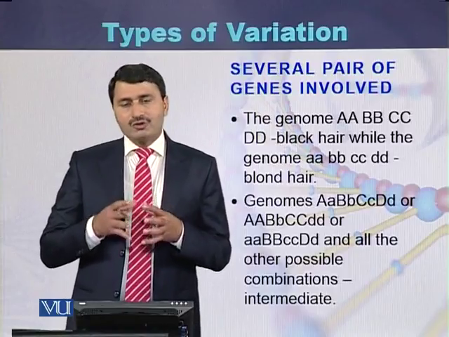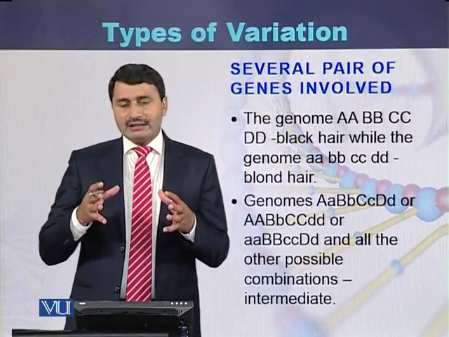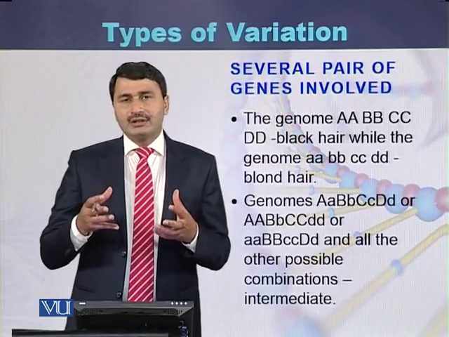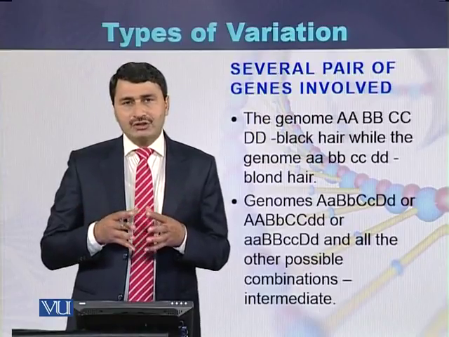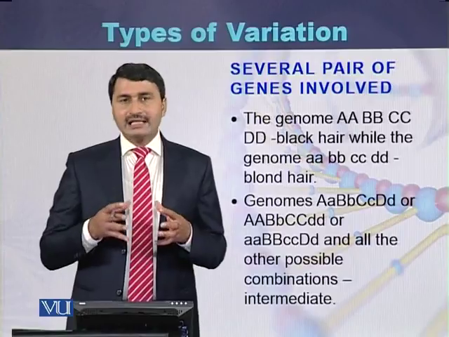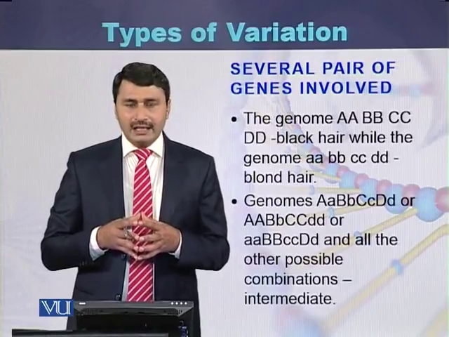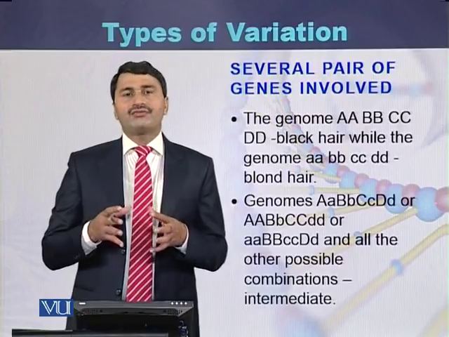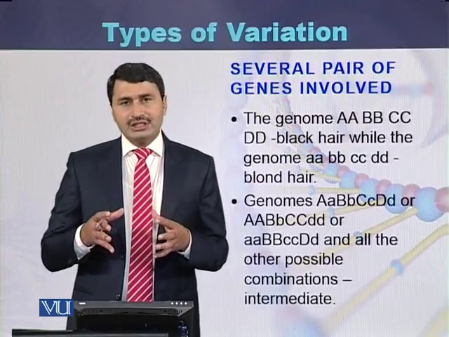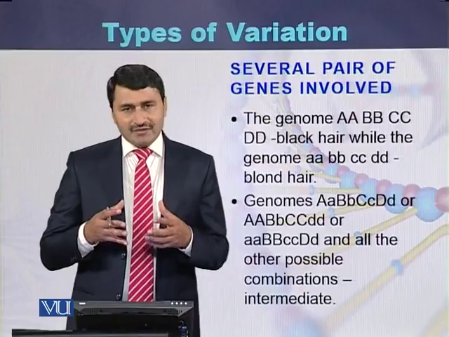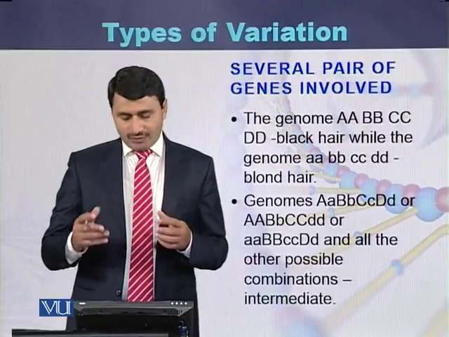In case of continuous variation, there are multiple genes, and those multiple genes control the traits. Like in the example of human hair color, there are 4 different genes. These genes control the variation in the color of humans.